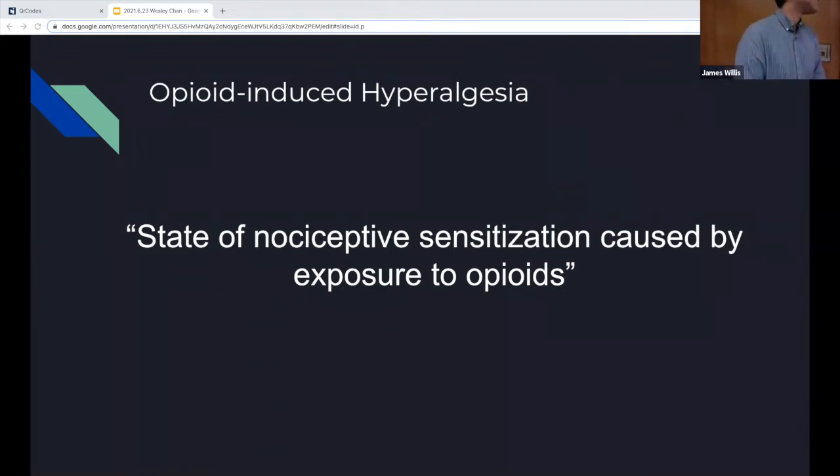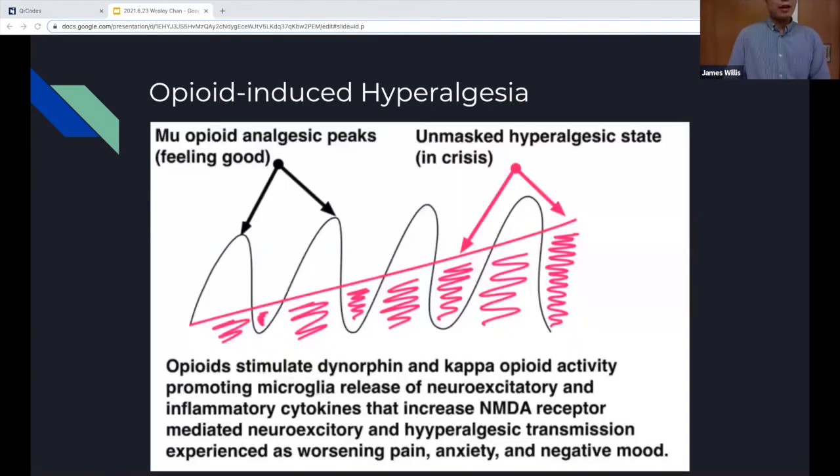Another pathogenesis mentioned in the literature is NMDA receptor activation, which is why ketamine is also used for the treatment of opioid-induced hyperalgesia.